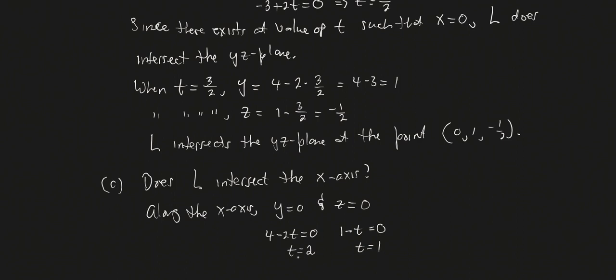So let's say you were to think of t as time, right? Well, after 1 unit of time, the z value would be 0, right? Which means it would actually be in the xy plane. And then after 2 units of time, the y value would be 0, but then the z value would be something else. It wouldn't be 0, right?